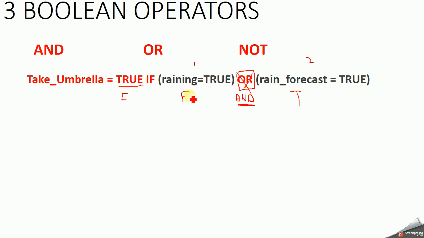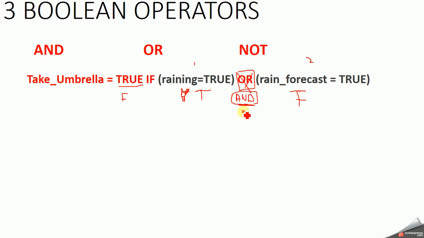So imagine another scenario, let's just cross this out, that it is raining now, heavily, but in the forecast, it's not going to rain later. We're not allowed to take out umbrella because of the and. Both of them have to be true. It has to be raining now and in the forecast later because of this and we're using.